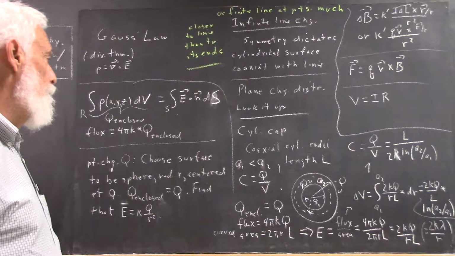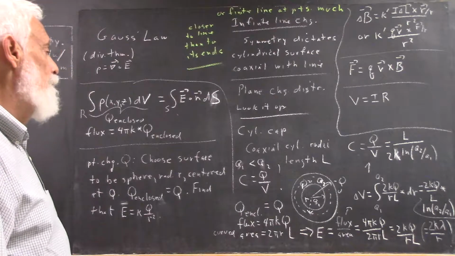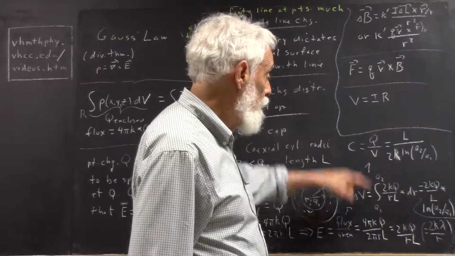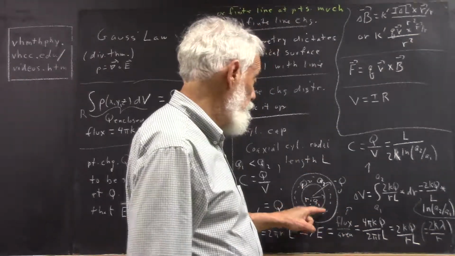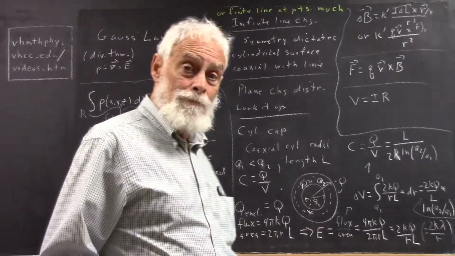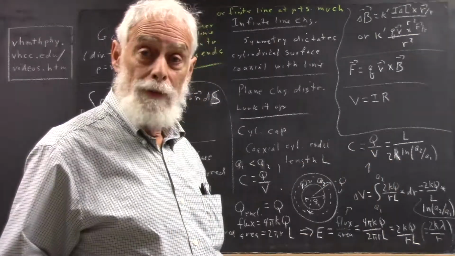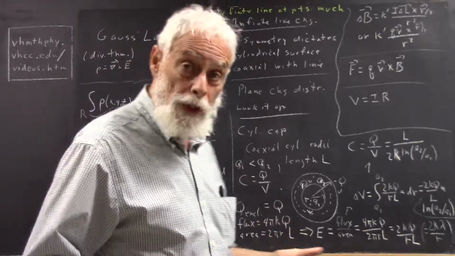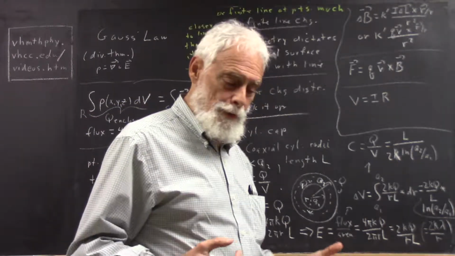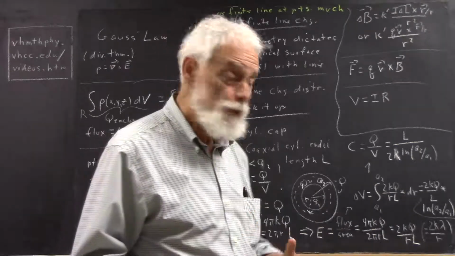Okay, so now, what's the capacitance? We know what the charge is, it's Q. How do we get the voltage difference between here and here? Well, if you have a constant field, you just multiply the field by the distance and you get the voltage. That just goes back to our intuitive idea, which we hopefully have, that the voltage is just work per unit of charge.